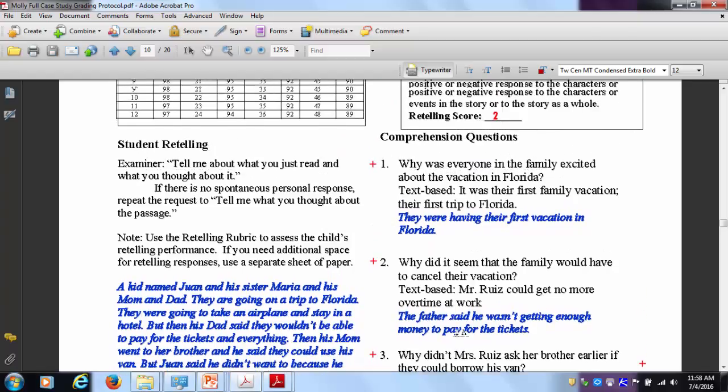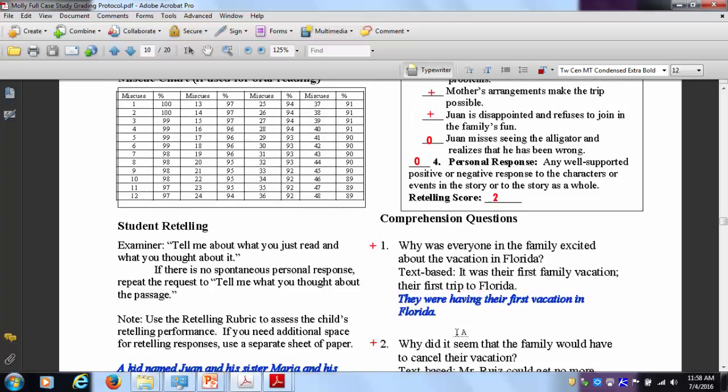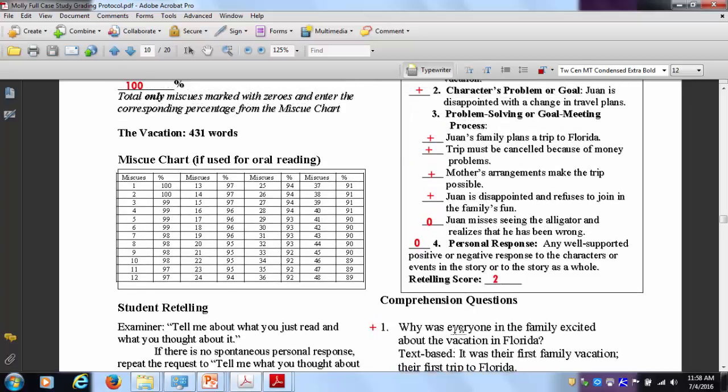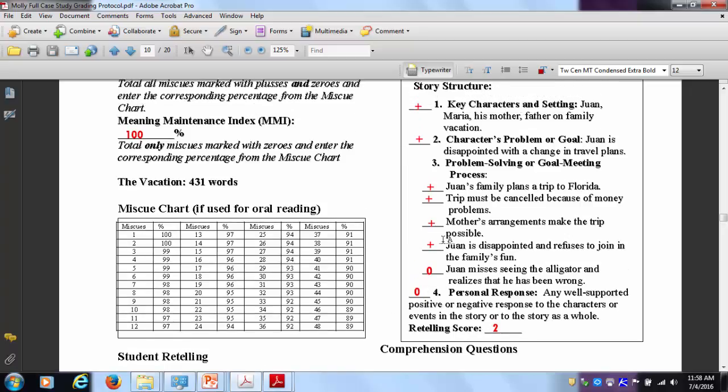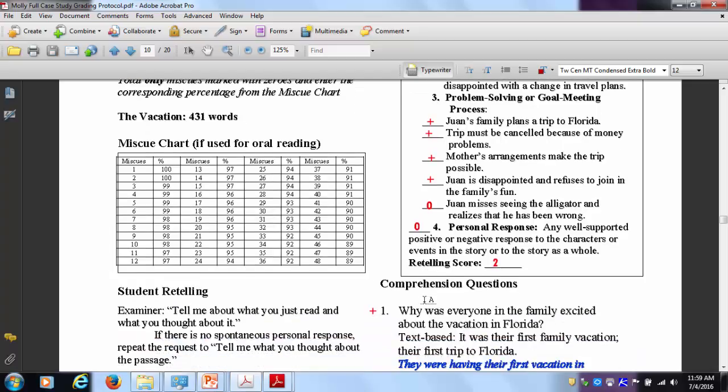So when we come up here, we have to have a 0. He misses the alligator. That's not there. And the other thing is no personal response. But all other elements of that retelling were clearly there, in spite of the fact that a key thing, no alligator, and not realizing he's sorry.